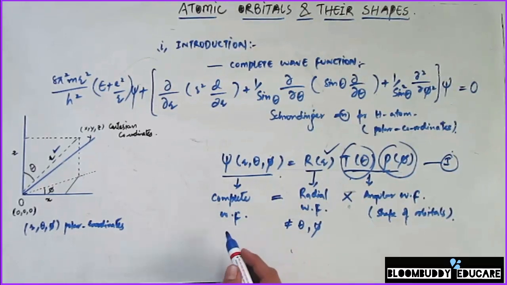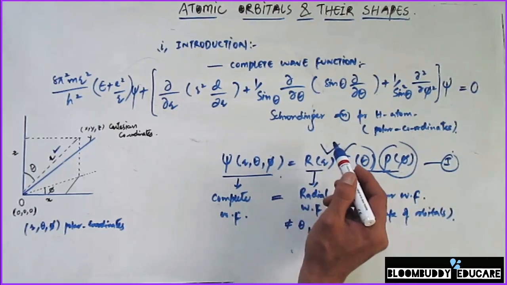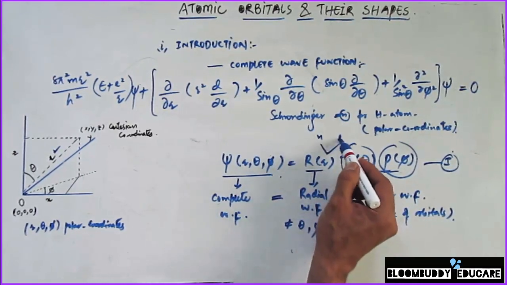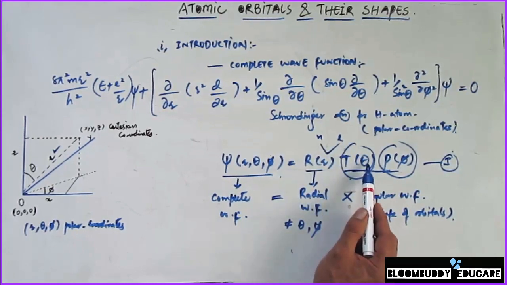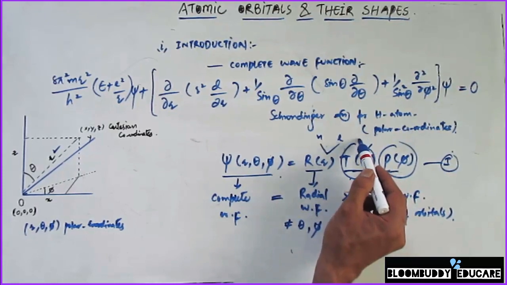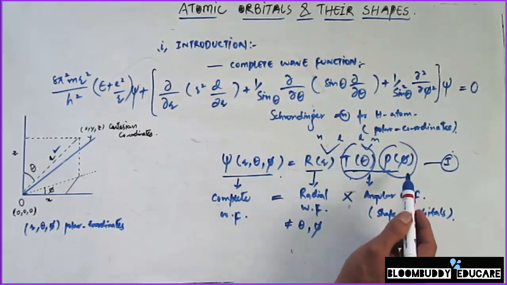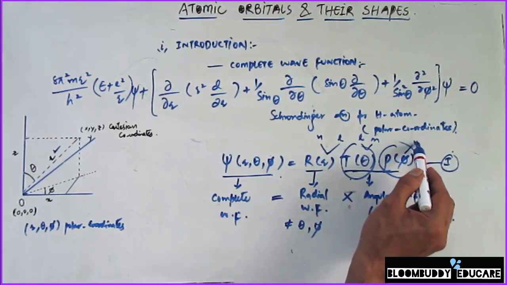So I can say that R is dependent upon two quantum numbers, n and l, that is the principal quantum number and the azimuthal quantum number. Theta is dependent upon the azimuthal quantum number and the magnetic quantum number, that means it is dependent upon l and m, while phi is dependent upon the magnetic quantum number only.